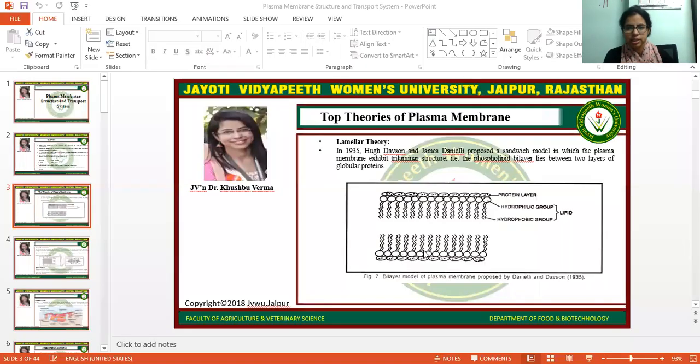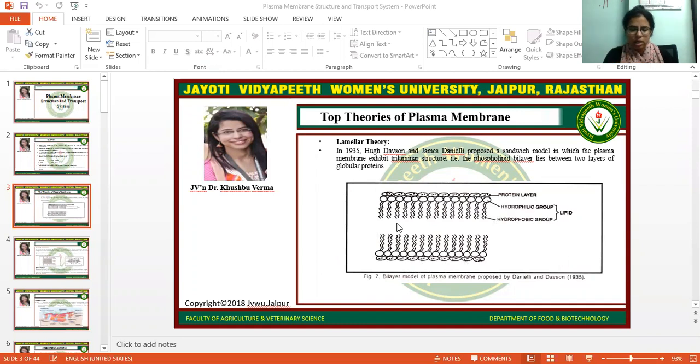Here I am sharing the proposed diagram which was given by these two scientists in their lamellar theory, and they proposed the sandwich model. Here you can simply see the lipid bilayer structure, and again they showed the hydrophilic and hydrophobic groups of the lipid.